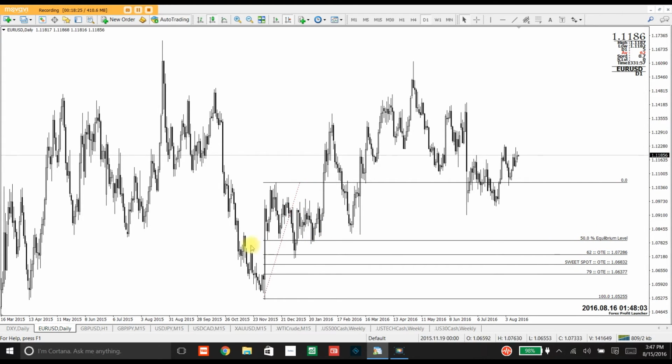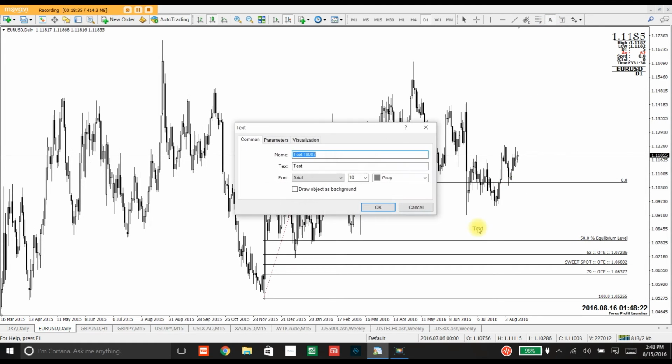50%. This level right here, the reason why we call it equilibrium, okay, you can also call the 50% level the fair market value, okay? And I'm going to write that. Okay, this level is what we deem, and the market makers deem, is fair market value, okay?